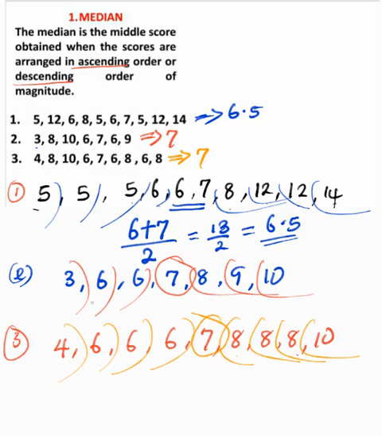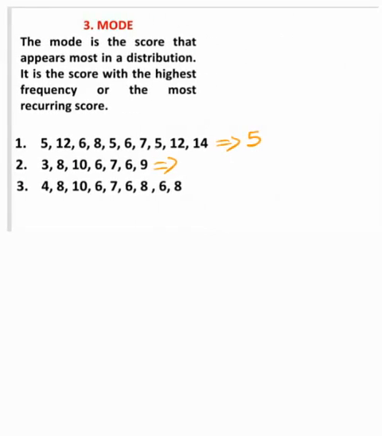Number 2, we have 6 appears 2 times, right? While the other scores appear just one time each. Therefore, the 6 that appears 2 times becomes the mode of this distribution.